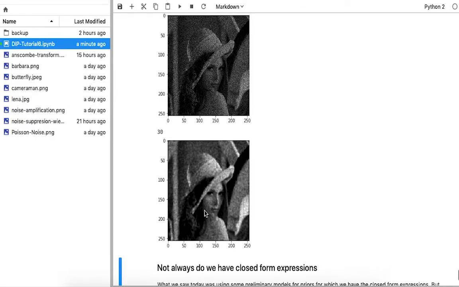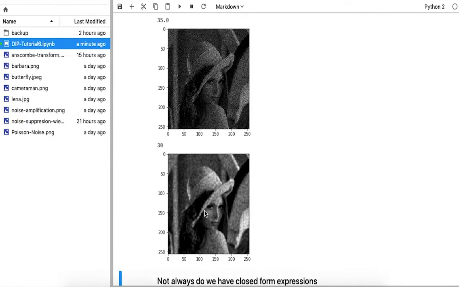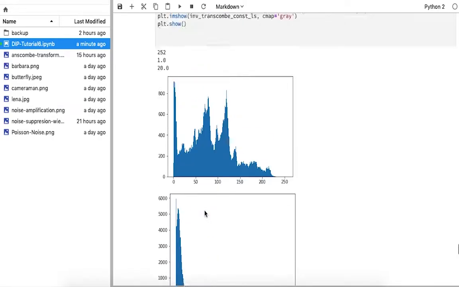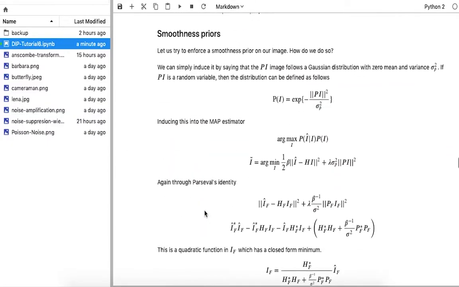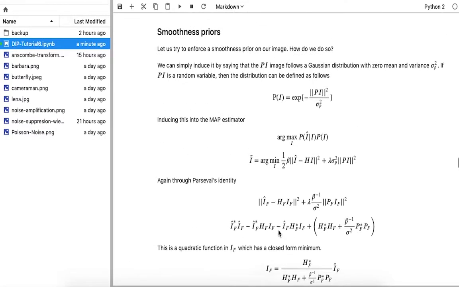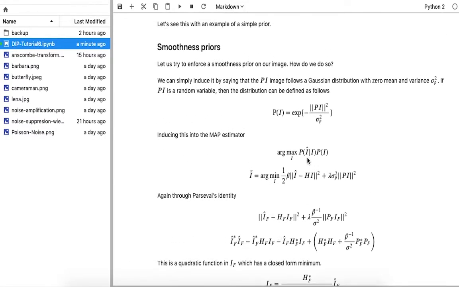So after 2012, 2014, and all this stuff, what people do now is they just use neural networks, CNNs, just as a direct mapping. What is the advantage of CNNs? When you're inducing such priors, mostly you don't know what probability distribution your actual natural images follow. But CNNs have the advantage that they can approximate any possible function.